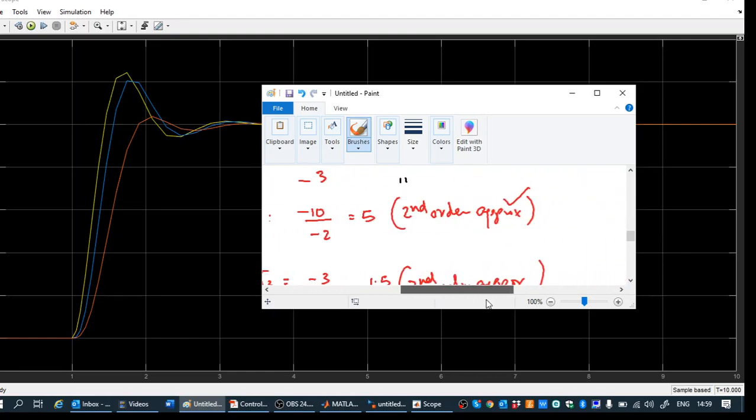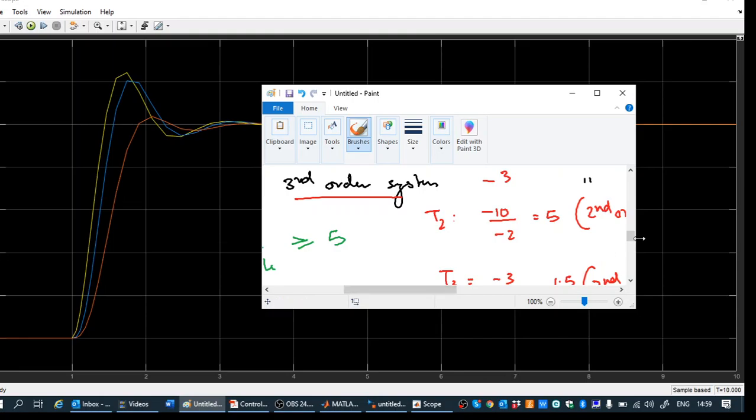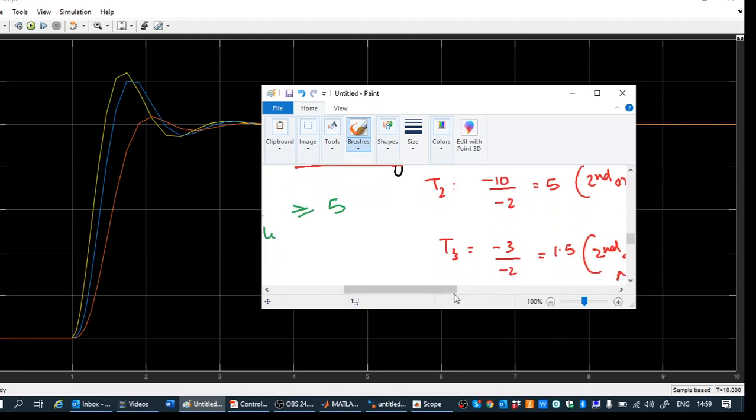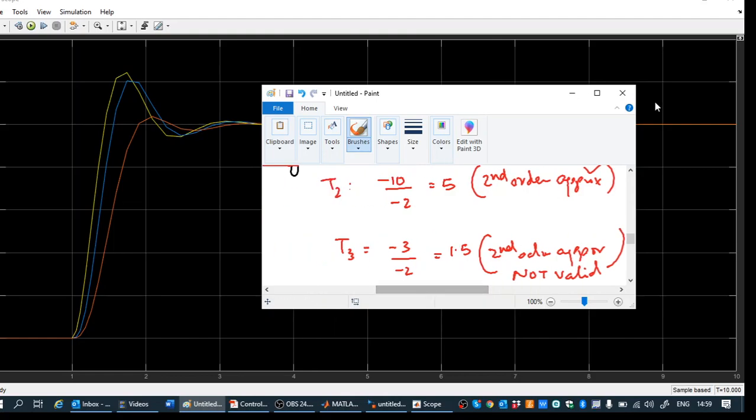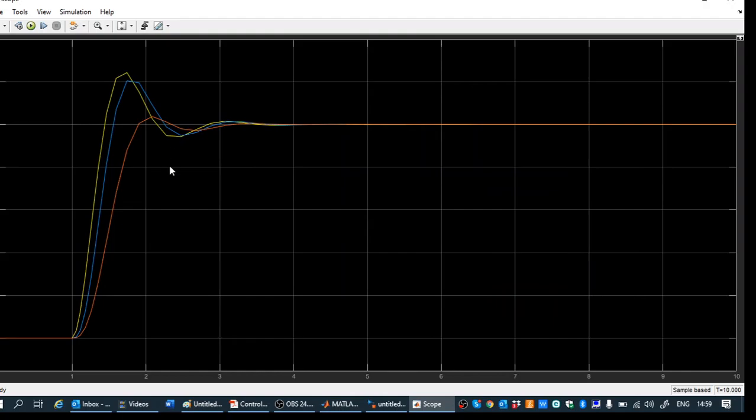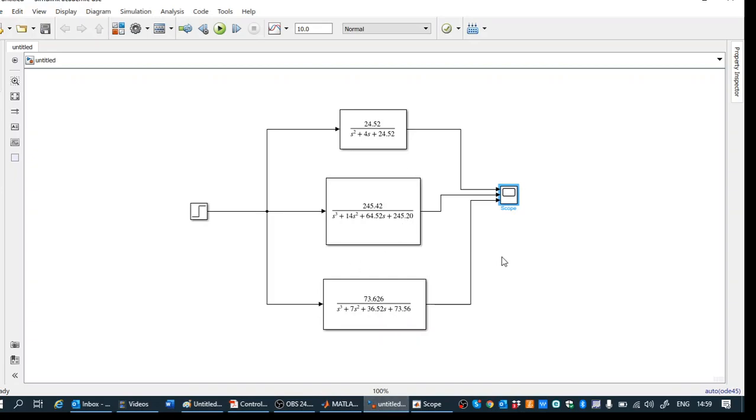We could say that it is a second order approximation which is valid, while for T3 we calculated and found that a second order approximation is not valid. And this is validated by the figure that we have here on the scope output. So this is how you build that scope output and you test if a second order approximation is indeed valid.